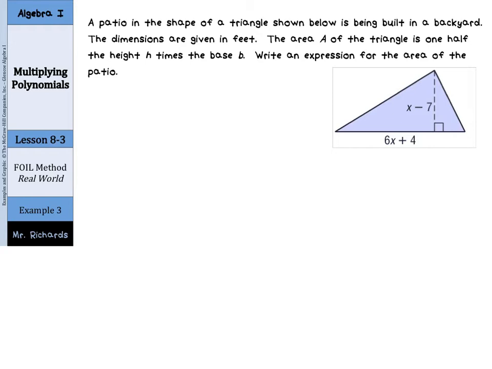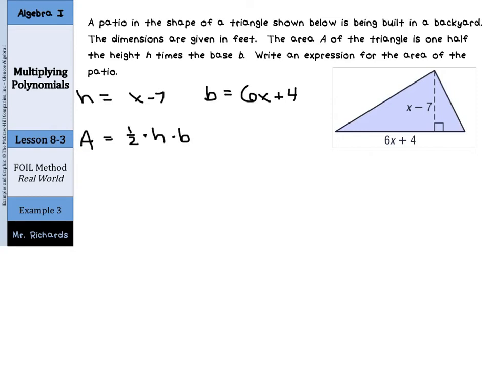Well, if we set our variables first, our height h is our x minus 7. Our base b is equal to 6x plus 4. And now we have our area formula that we're given here. Area is equal to 1/2 times the height times the base.